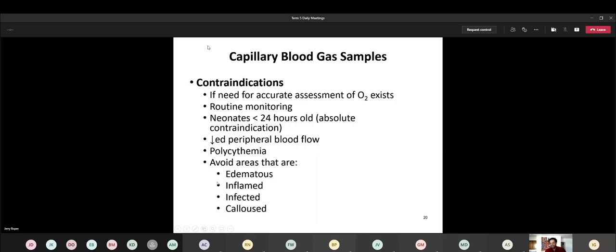So now, contraindications for doing our CBG, or capillary blood. Again, if you need to see what's going on with oxygenation, the PaO2, it's not going to be called PaO2, it's going to be PcO2. Your capillary oxygen levels are always going to be low, regardless of what your oxygenation status is.